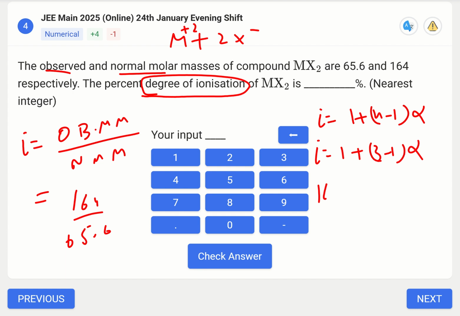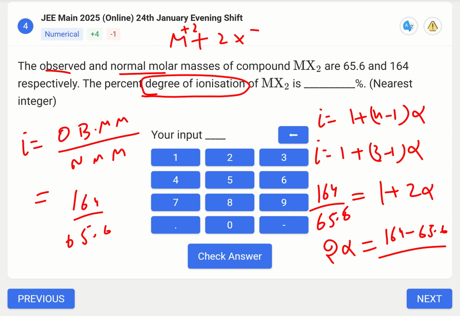So it will be 164 upon 65.6 is equal to 1 plus 2 alpha. So we have to solve this. So 2 alpha is equal to (164 minus 65.6) upon 65.6. So 2 alpha is equal to 98.4 upon 65.6. I will use calculator here.